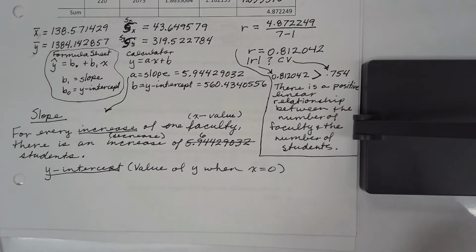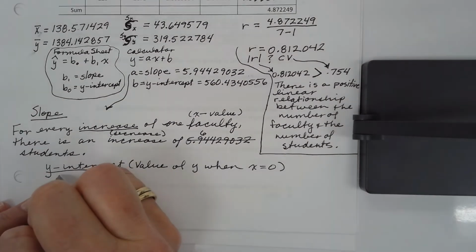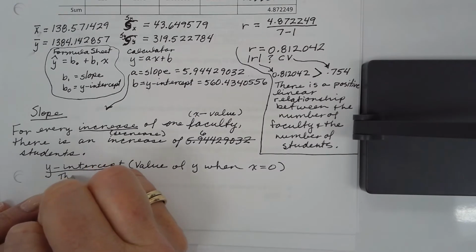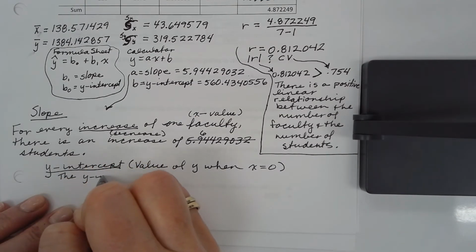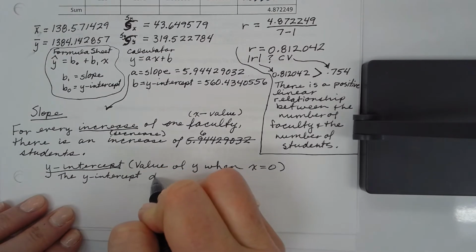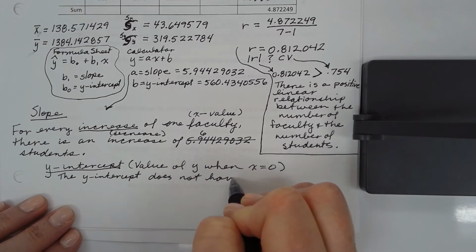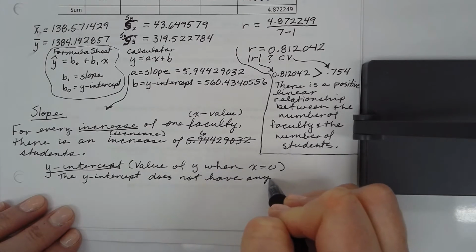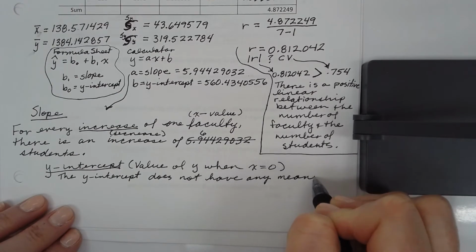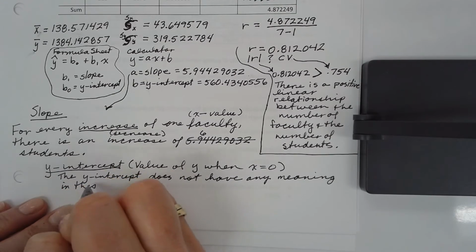No. If there's no faculty, then the students aren't going to come because there's nobody to teach them, right? So we would say the y-intercept does not have any meaning in this problem.